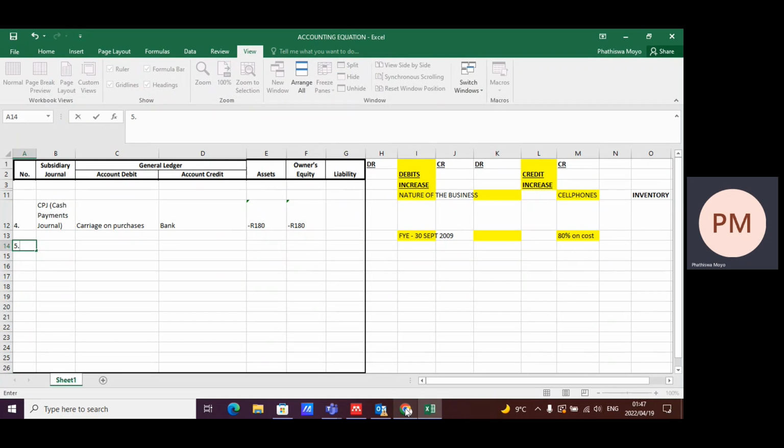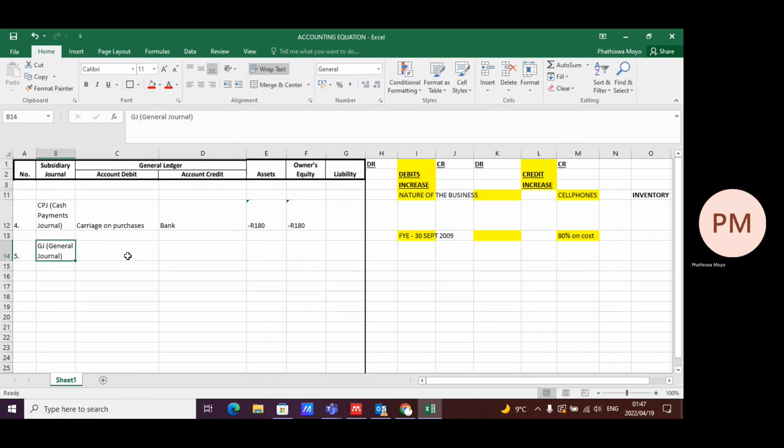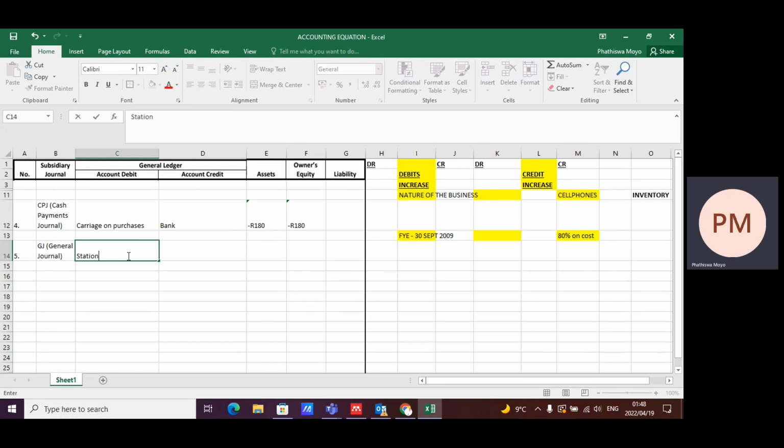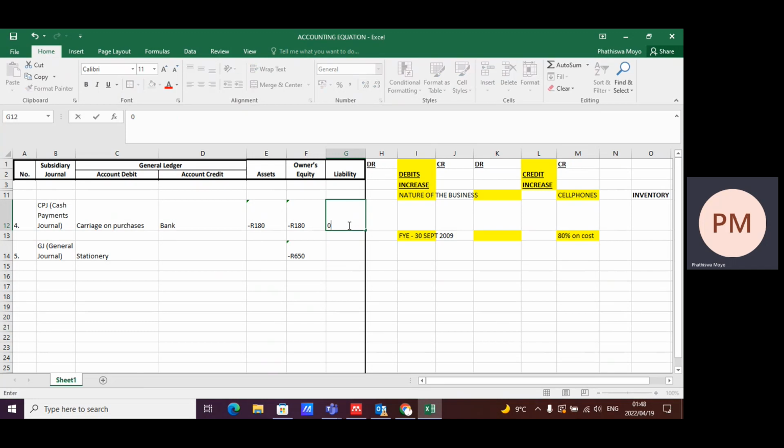So I would put this in a general journal, because we're fixing an error, and the account that should be there is stationery. And it's 650. Put 0 here.